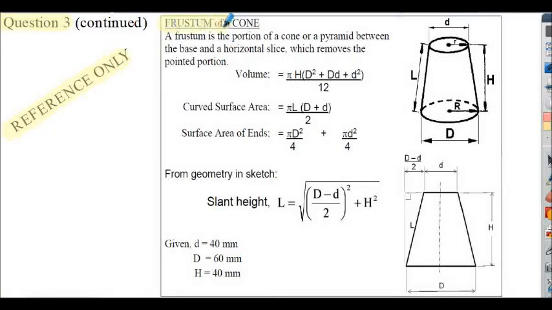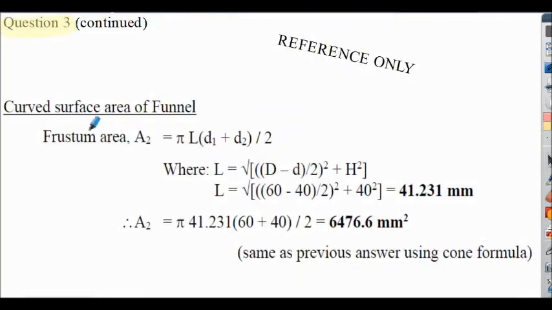This is using the frustum of a cone formula. It allows us to calculate the curved surface area, which is pi multiplied by the slant length L multiplied by the large plus small diameter, all divided by 2. Slant length is calculated here. And given the information in the question, we can calculate the curved surface area of the funnel section, that's A2.